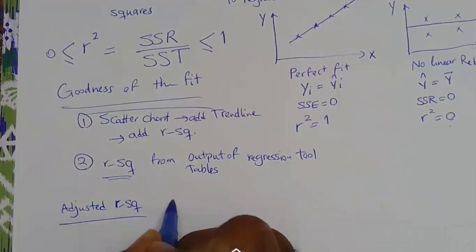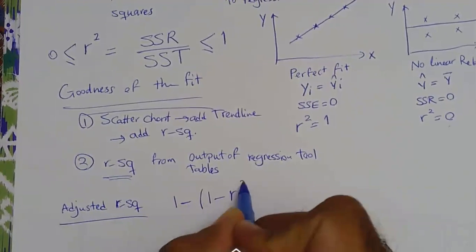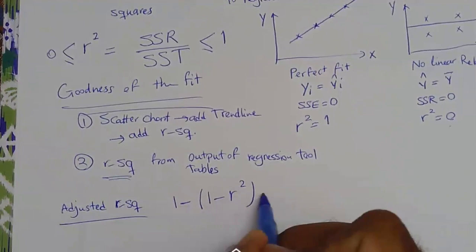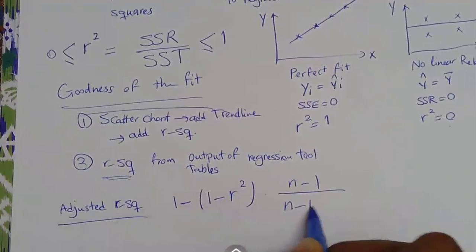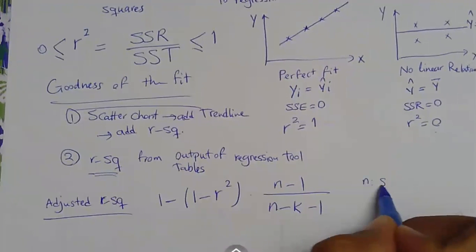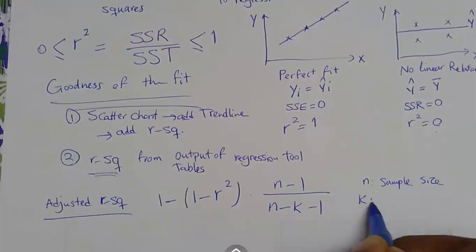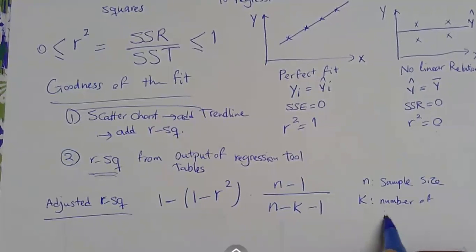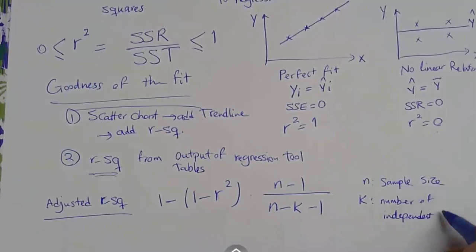I'm just going to write down the formula. It's going to be 1 minus R squared times n minus 1 divided by n minus k minus 1, where n is sample size and k is number of independent variables.